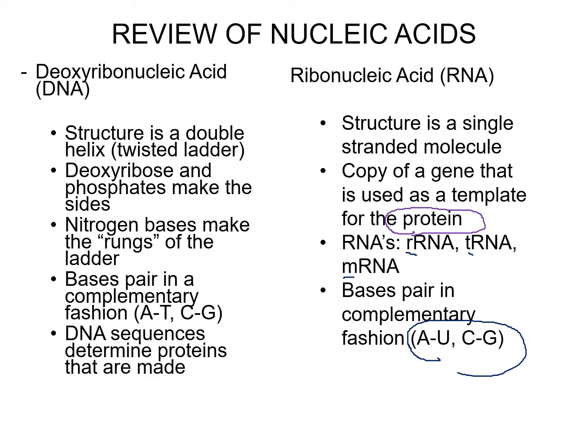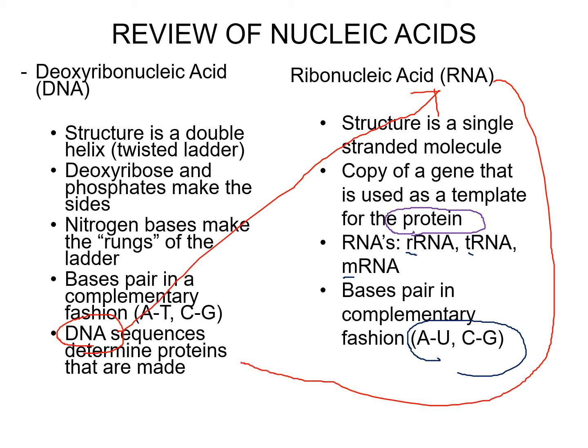And once again, DNA is what's going to allow us to make your RNA. And once we have the code for RNA, then we can make your proteins. But you can't make proteins without RNA. And you can't make RNA without DNA. So DNA is the foundation for this whole endeavor.